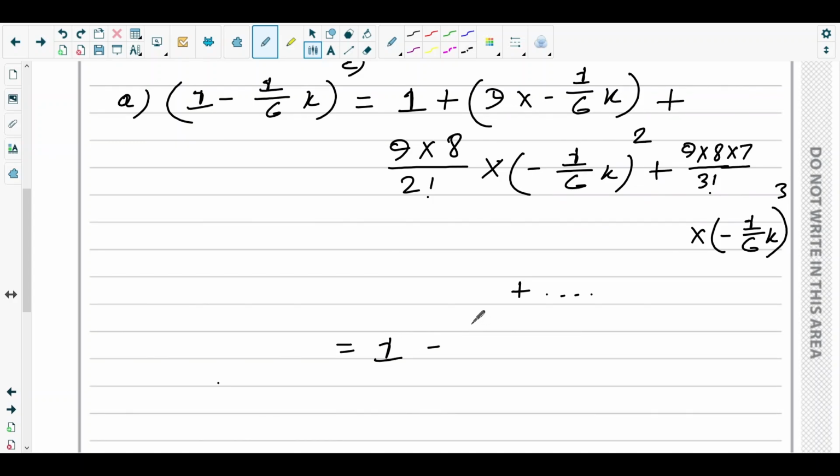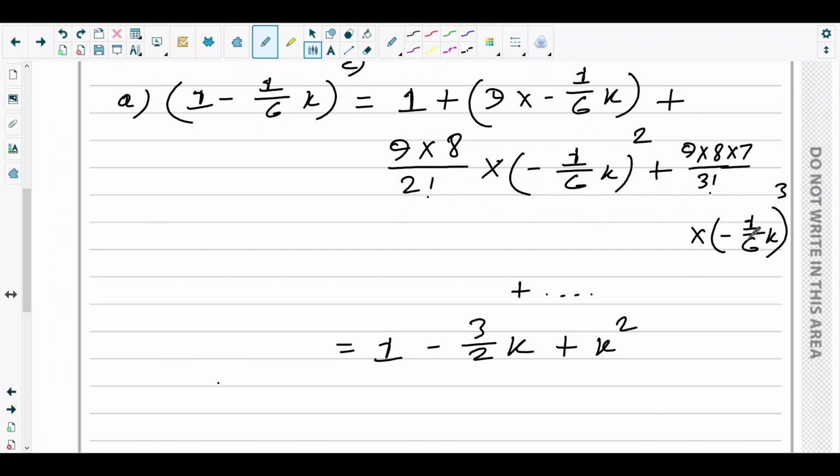That would be negative 3 over 2 x. Then 9 times 8 is 72, over 2 is 36, so 36 times 1 over 36 gives positive x squared. Then 9 times 8 times 7 over 3 times 2, which is 6, gives 84 over 6 cubed, so that gives 7 over 18.